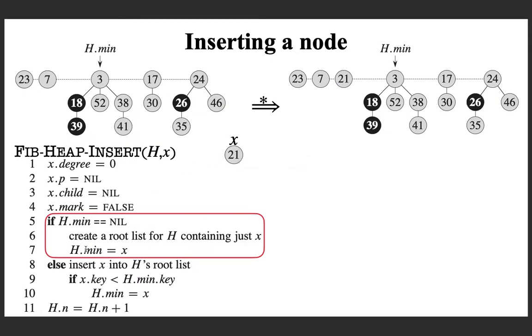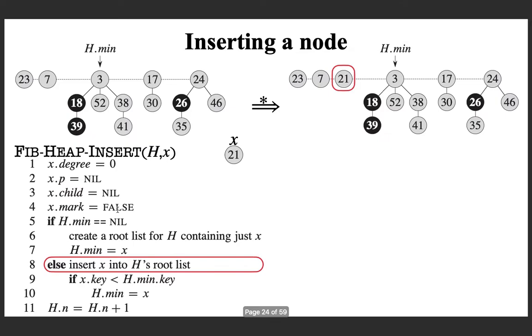In that case, you create a root list containing x only, a circular doubly linked list pointing to itself, just one node, and of course you set the min as pointing to this node, because originally there was no node in this heap, and this is going to be the only node. This is what you are doing here.